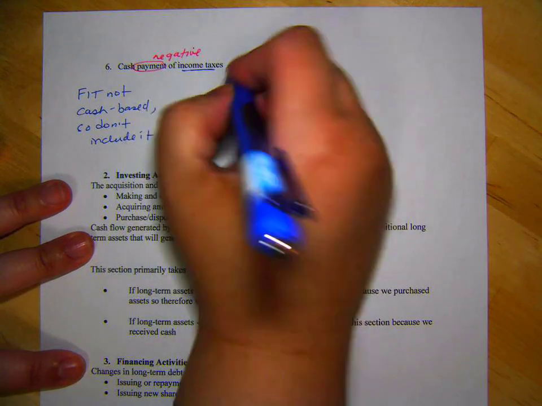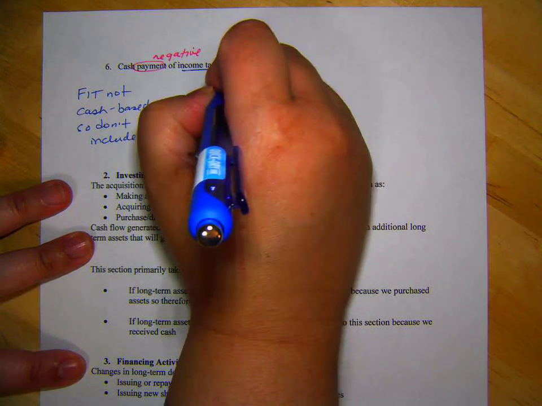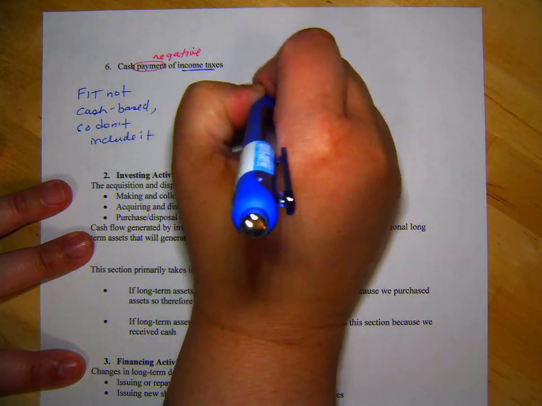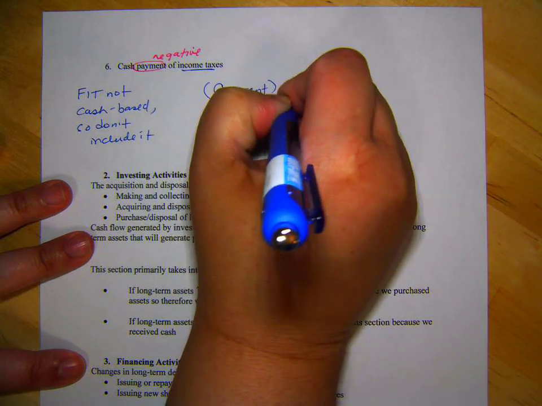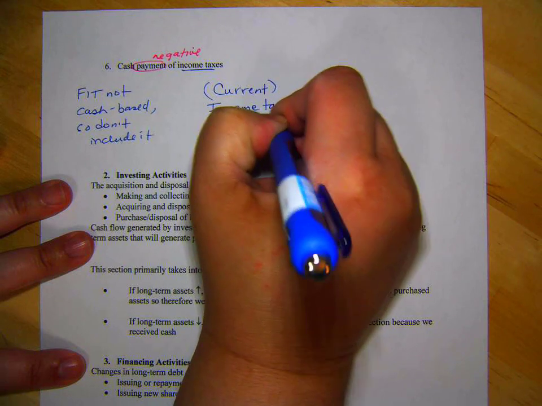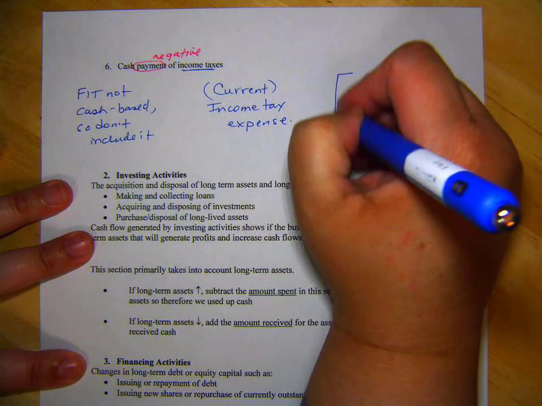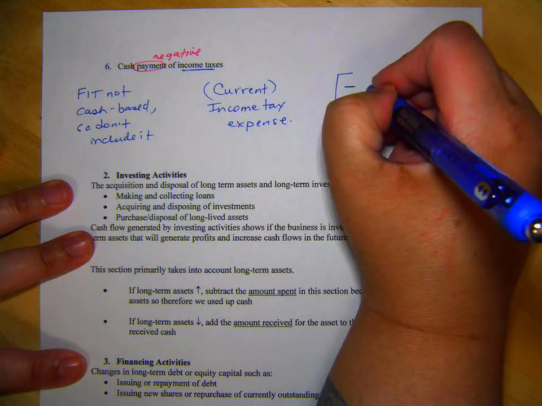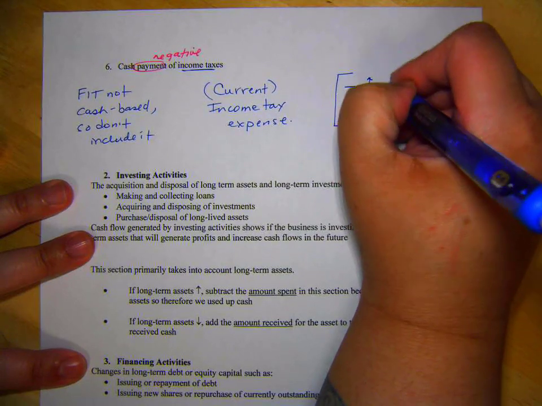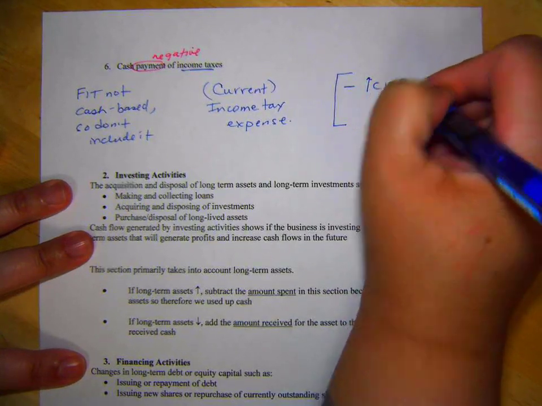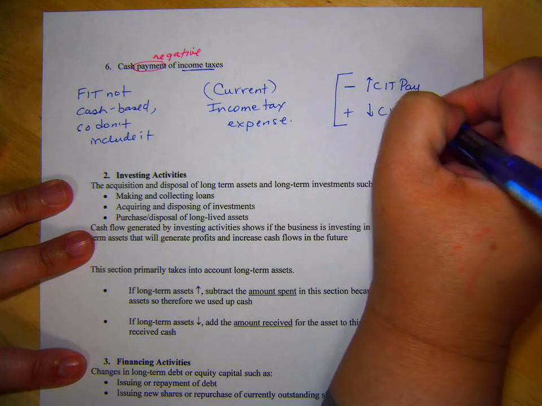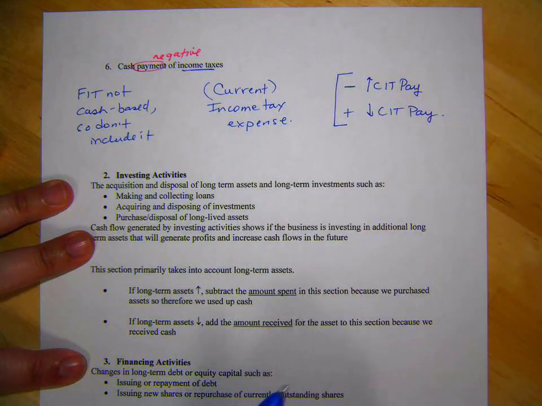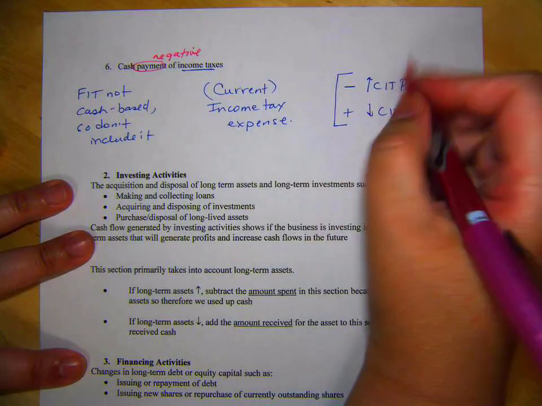What we're going to have is current, and sometimes it doesn't say current, it just says income tax expense. And we've got the tax payable. We subtract an increase in CIT payable and add a decrease in CIT payable. And it's also called income tax payable.